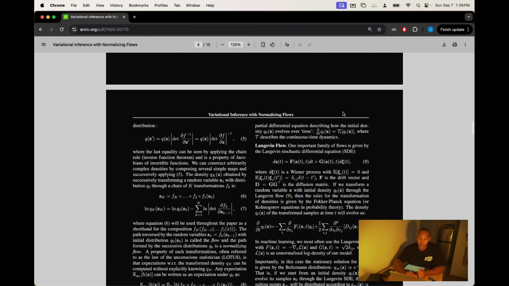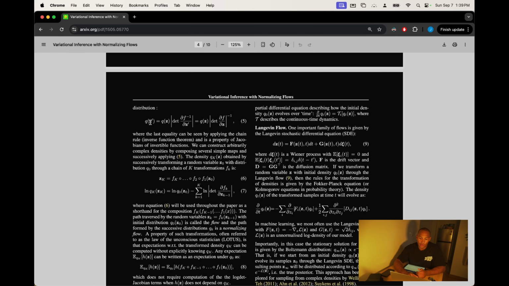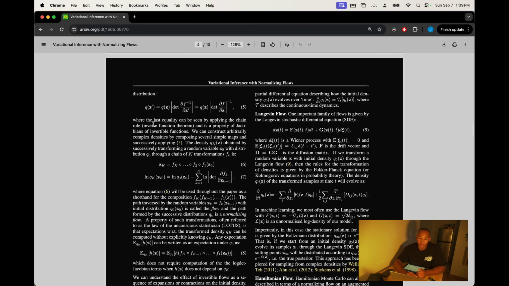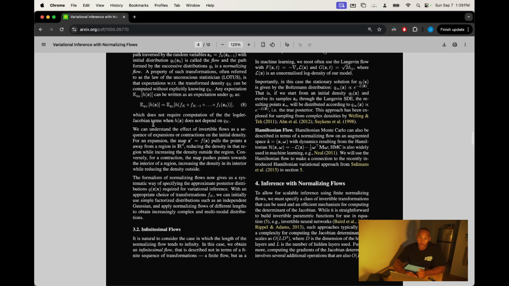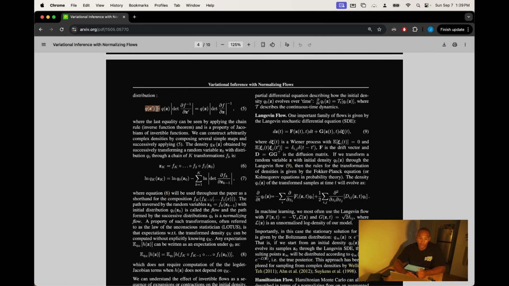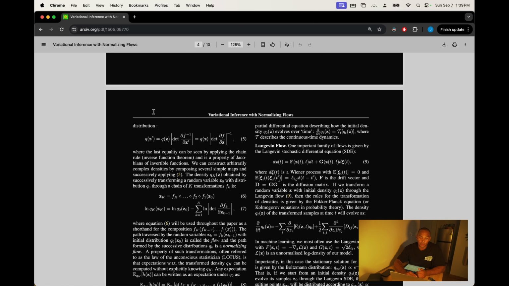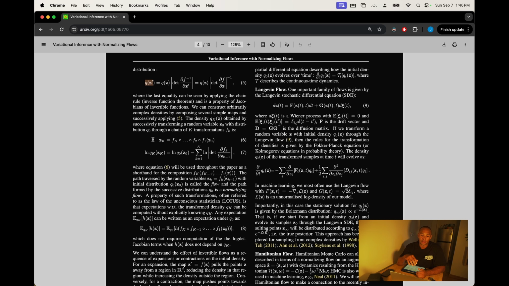In variational inference, when you create this approximate distribution Q in order to get your evidence lower bound, in efforts to create a more complex approximate Q, the authors introduced what's called normalizing flows to create this more complex Q. Discrete normalized flow became a technique in and of itself as opposed to just an auxiliary for variational inference.